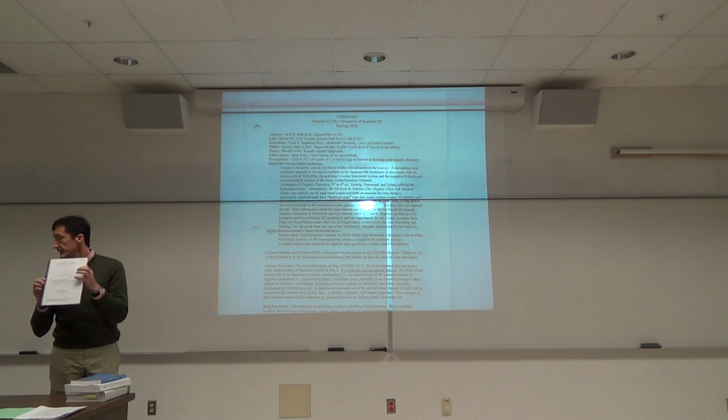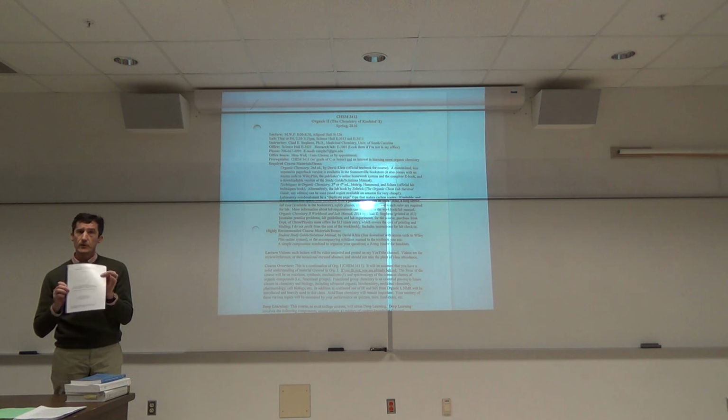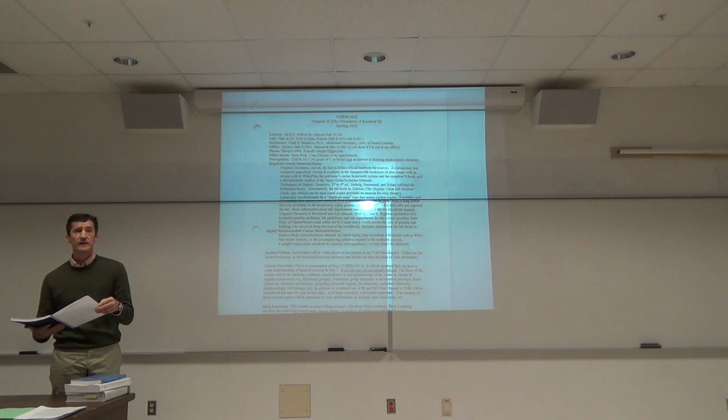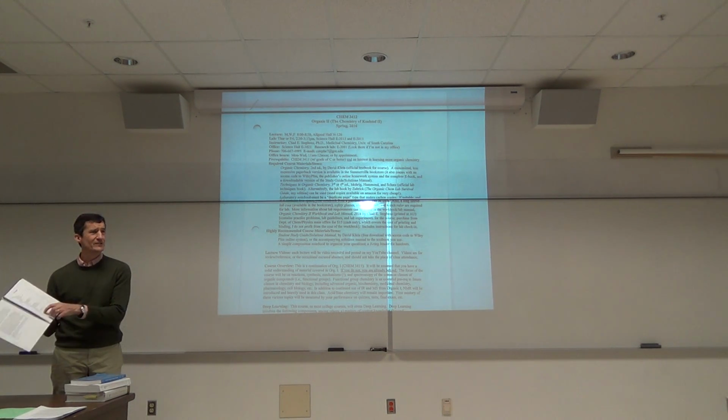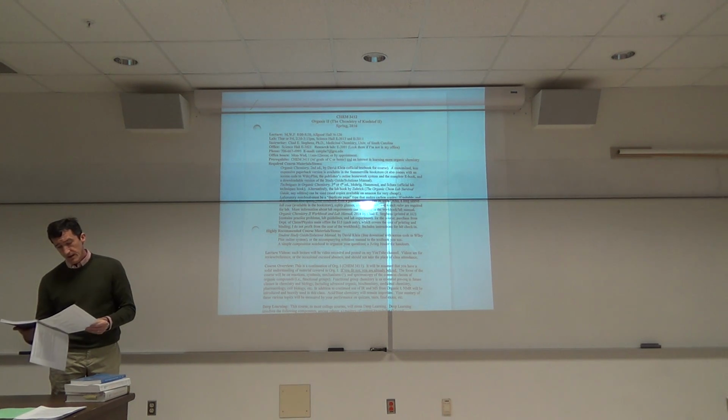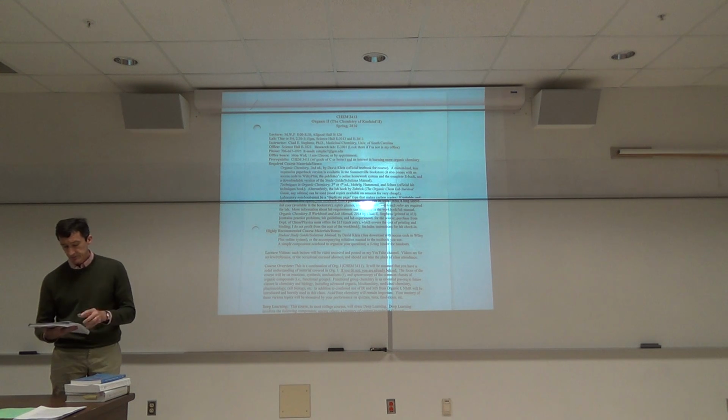Also have a workbook lab manual. This is pretty much required because it has lots of information about lab. There's a table of contents. Please read the table of contents. Every semester students are like, I didn't know that was in the workbook. Well, here it is in the table of contents. In here you will find all of our labs, including information for checking in, which you'll be doing this week.